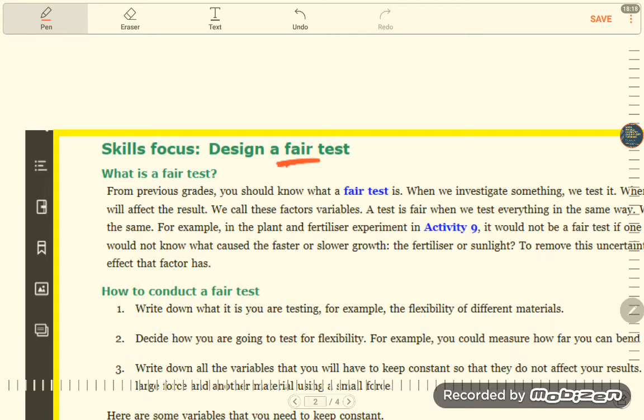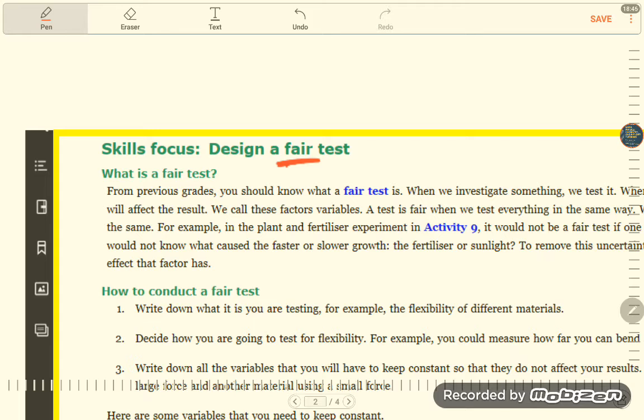What I mean by that is anything that is likely to affect your investigation is called a factor. And if you want to find out how factor A in fact actually affects your investigation, then it means that all the factors B, C, D, E, F have to remain the same for all the objects that you'll be using.